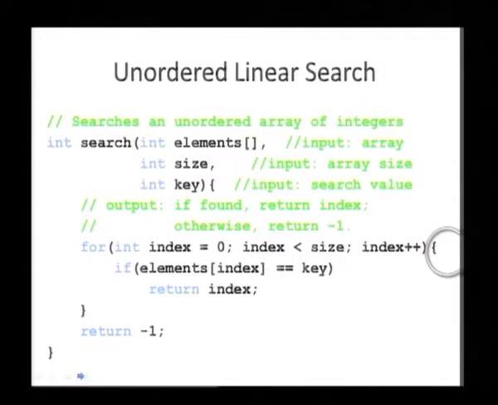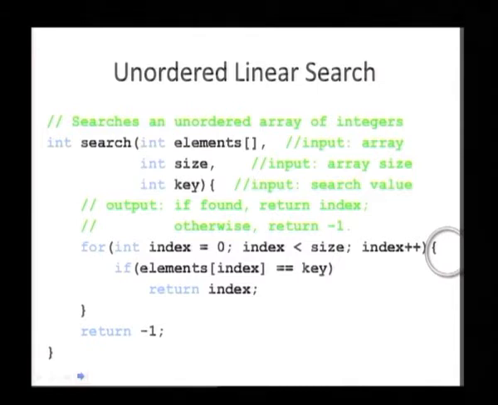So the function that you see here is called the search function. The arguments to this function are an array which is called elements, and the size of the array, given as an additional argument just to illustrate this example, and the desired key that is being searched for in elements is also passed as an argument to search.